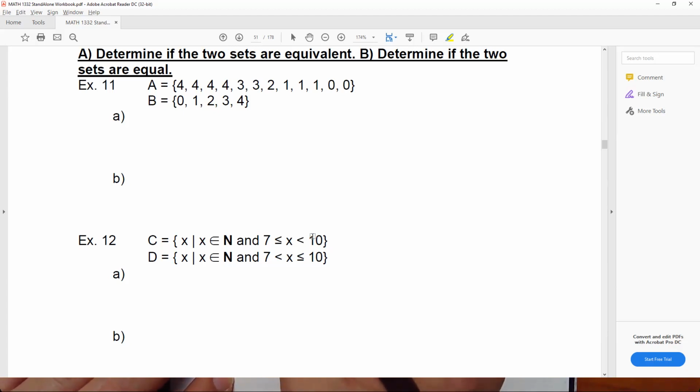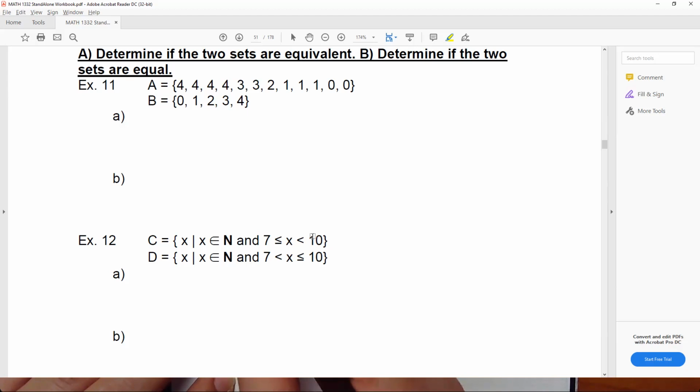Determine if the following are equivalent or equal.